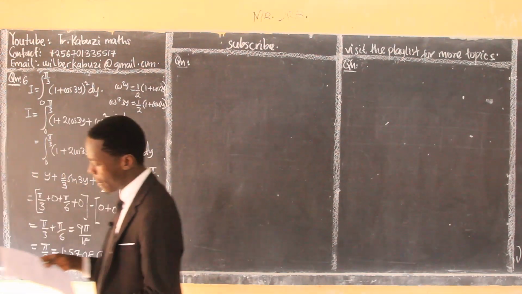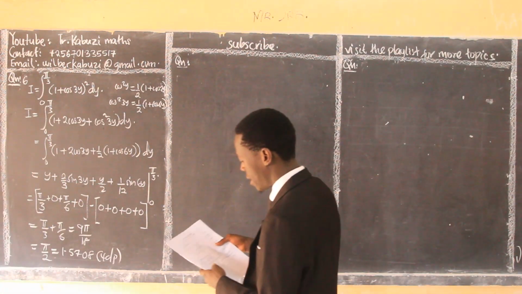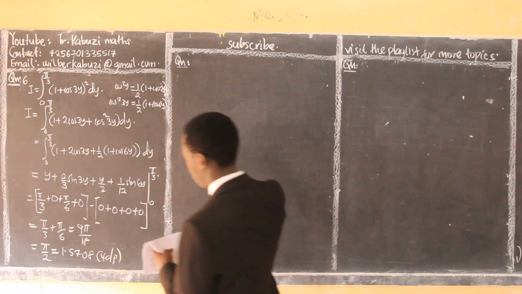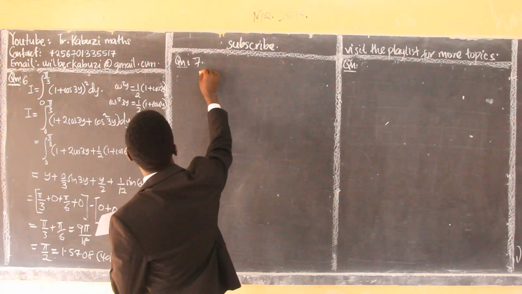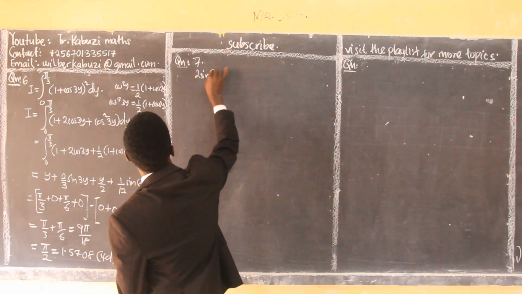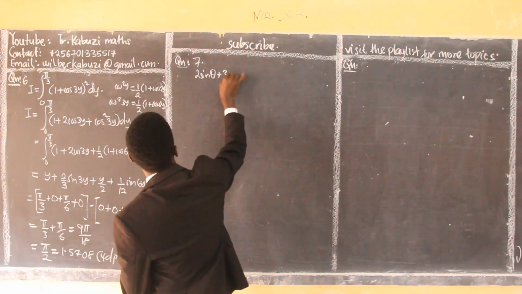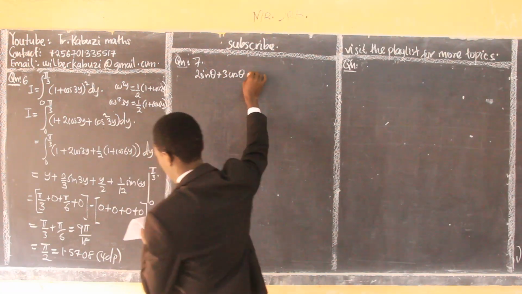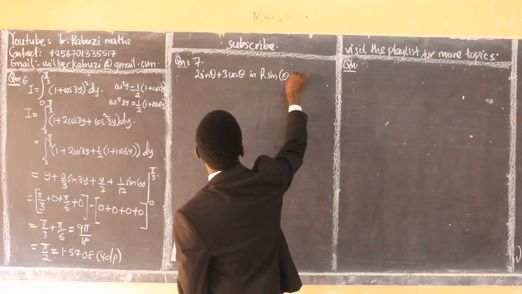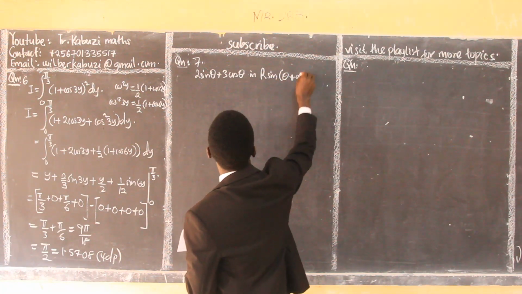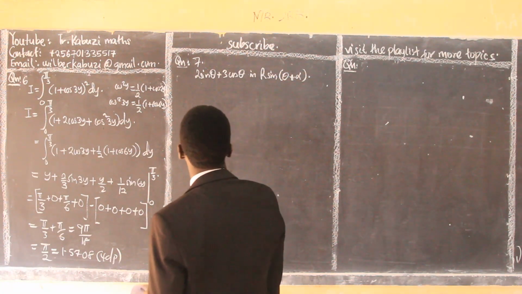Okay, our next number there was number 7. This is number 7. It wanted us to express 2 sine theta plus 3 cos theta in the form r sine theta plus alpha. Of course, alpha always has to be acute.